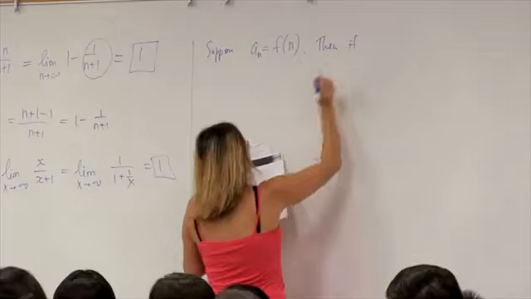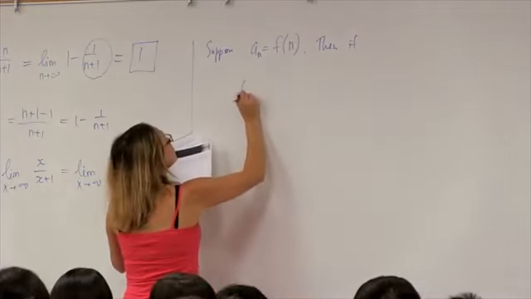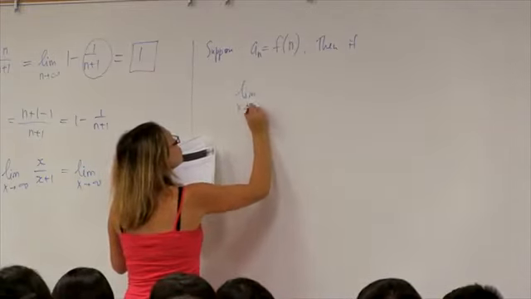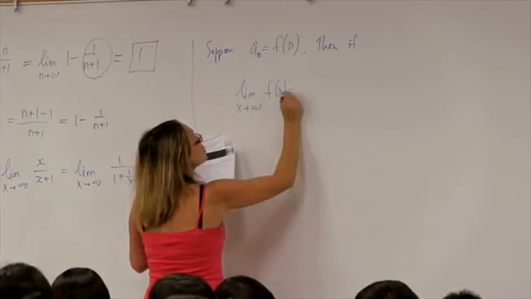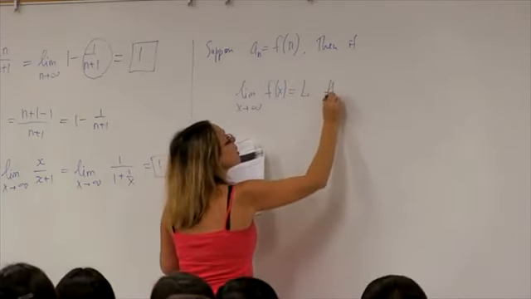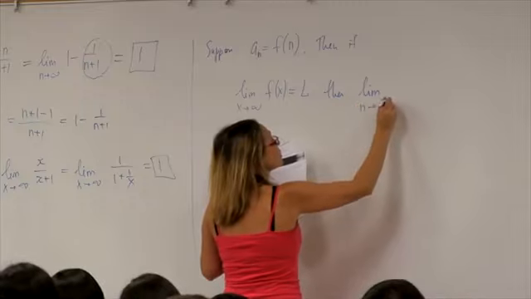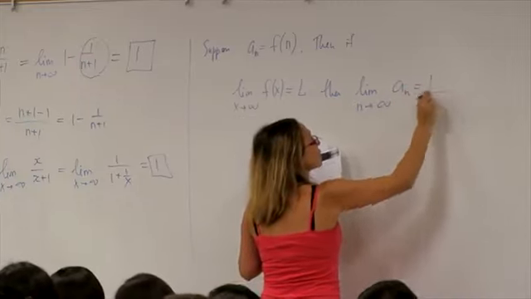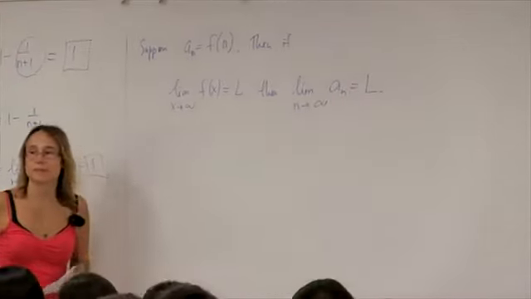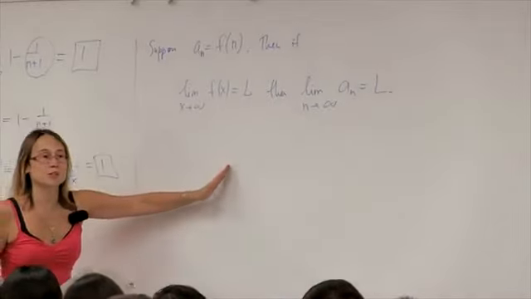Then, if the limit as x goes to infinity of f of x is equal to L, then the limit as n goes to infinity of a_n is the same thing. So this is exactly what I just did.